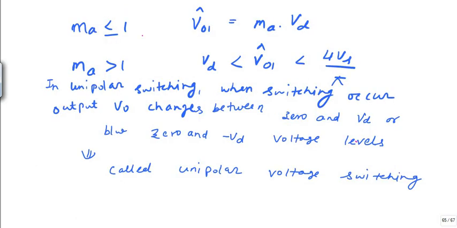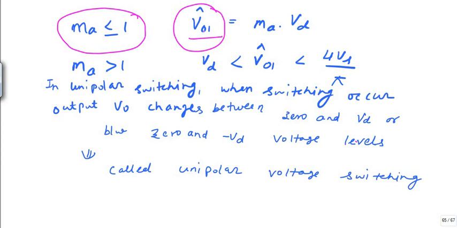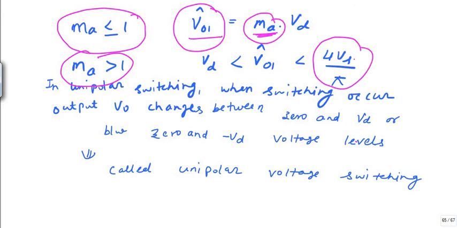So we can reach a conclusion that if my modulation index is less than 1, under this condition the peak of the fundamental component of output voltage will be dependent upon this modulation index. In the over modulation case, under this condition this maximum can go from Vd up towards 4 Vd by pi, because if MA is greater than 1, then this will be equal to Vd.